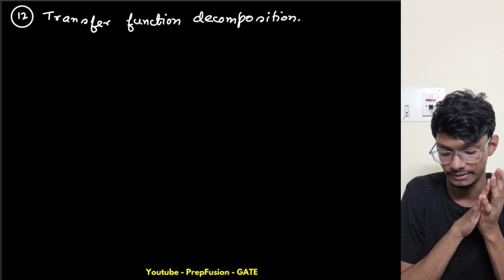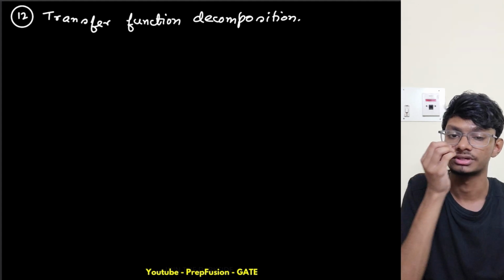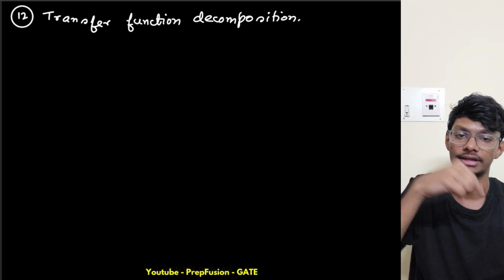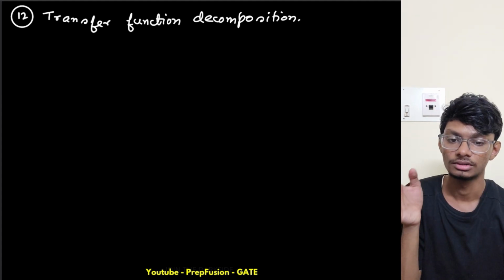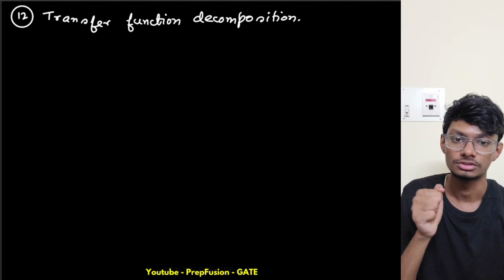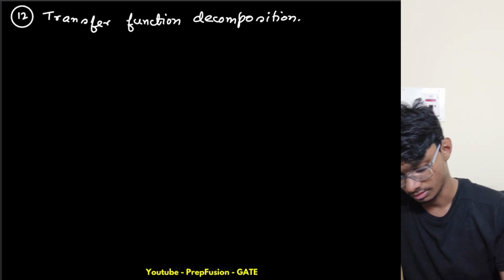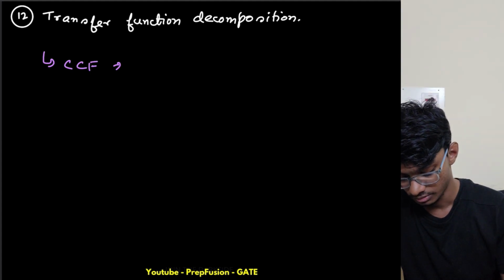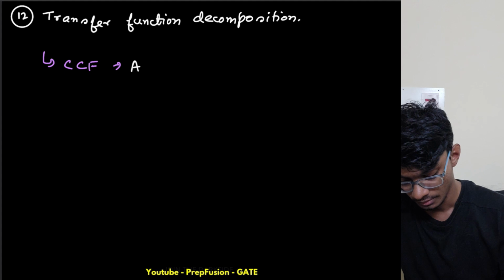So what we used to do in CCF, right? In CCF, basically, I used to take common the highest power of s from the denominator, and that used to go above, and from there we used to solve, right? So in CCF, what was the key thing to keep in mind? In CCF, my A will be in standard form.